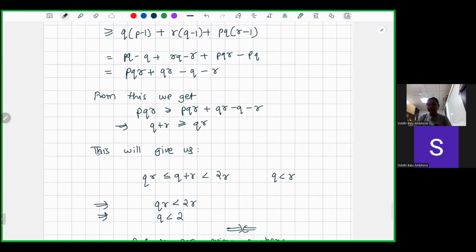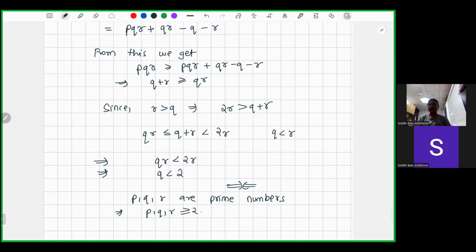But since R is greater than Q, this implies that 2R is greater than Q plus R. I'm just using this, and now I readjust: QR is less than or equal to Q plus R, which is less than 2R.